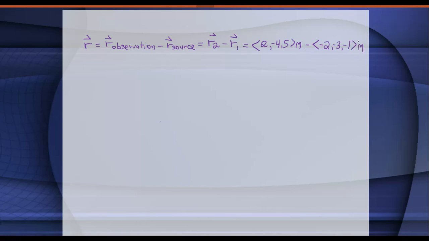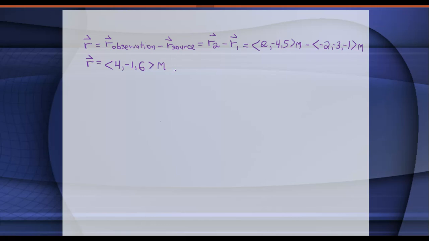When we subtract ordered triples, we just subtract the x coordinates, the y coordinates, and the z coordinates separately. So my actual vector R would be: 2 minus -2 is +4, so this is 4. -4 minus -3 is -4 plus 3, so that's -1. And 5 minus -1 is 5 plus 1, which is 6. And that's in units of meters.